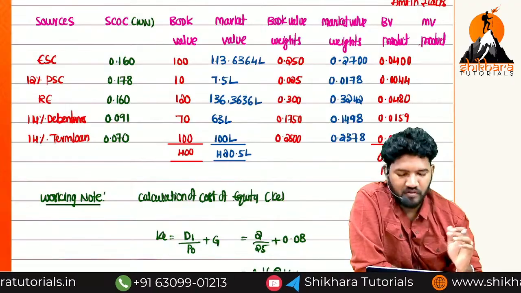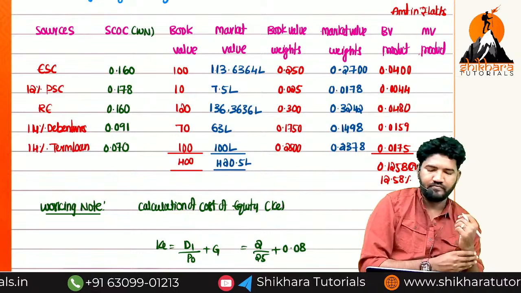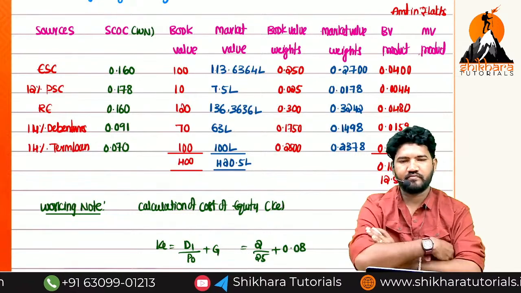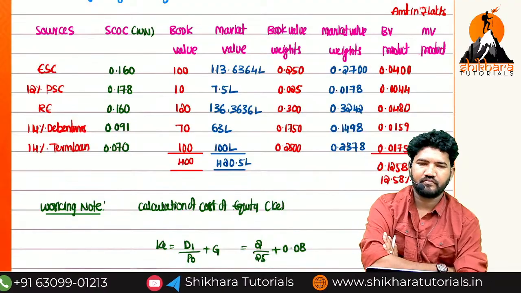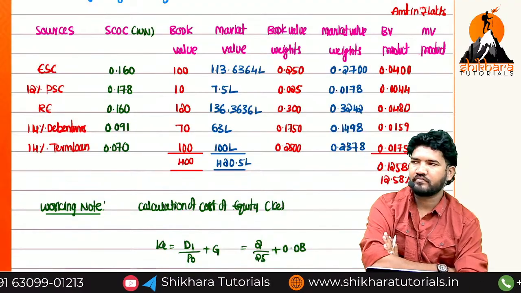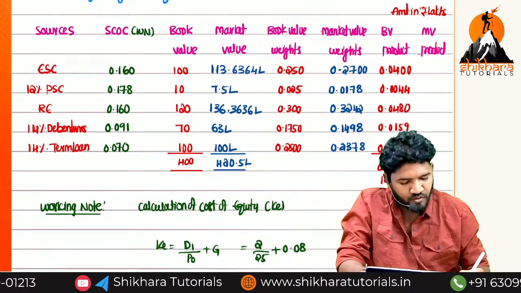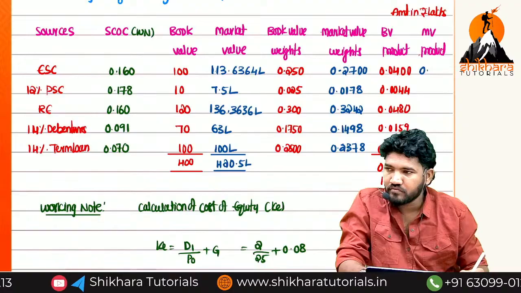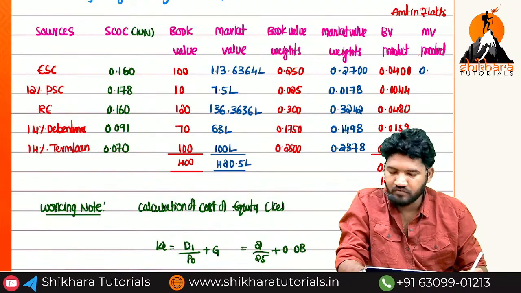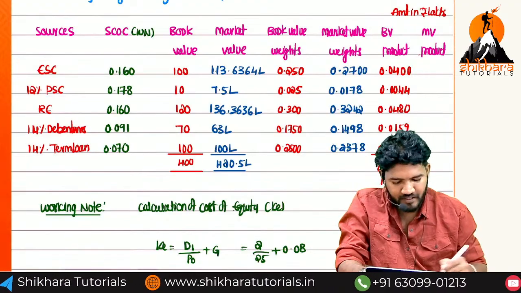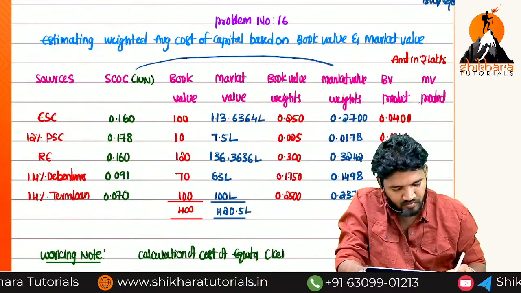Okay. Next, market value product, please. Market value product is specific cost of capital into market value weight.